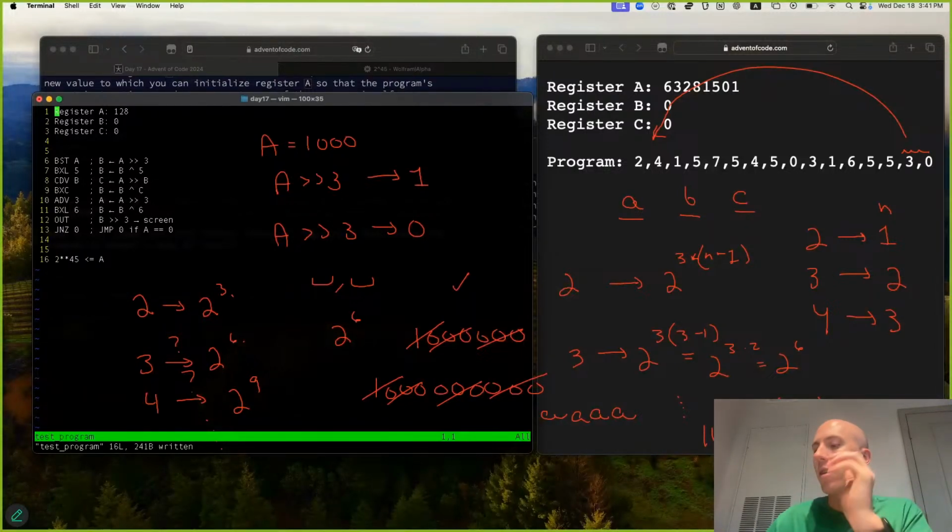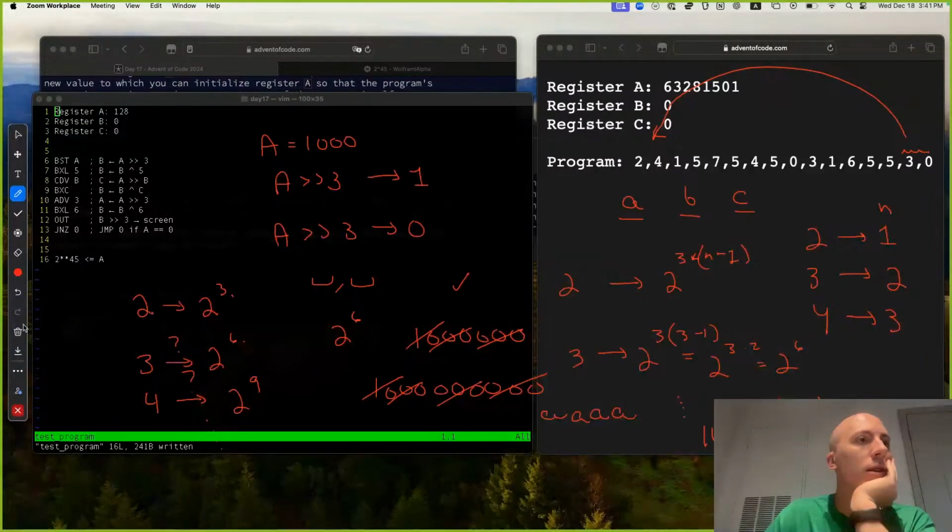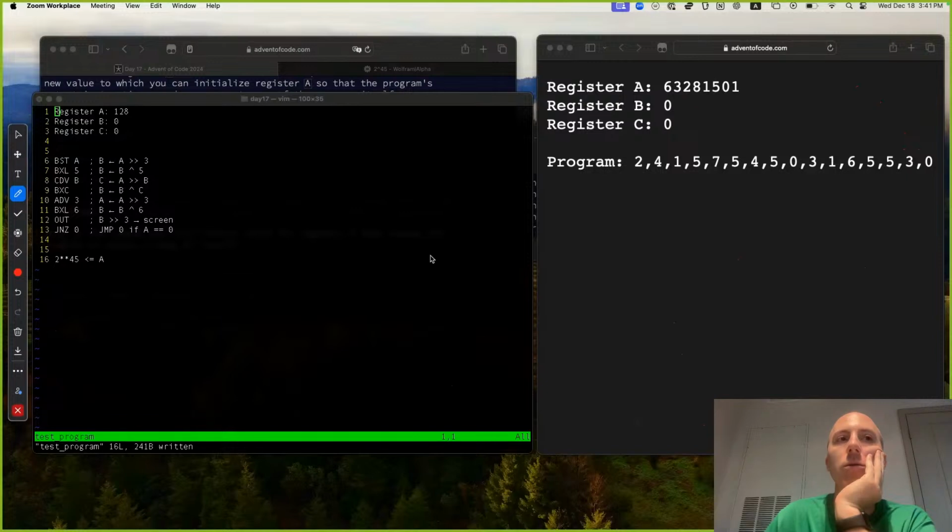So let's go back to what we were doing before with the values of A, B, and C, and see if we can get further with that. So A, B, and C. A started off as 128, which is 2 to the 7th.